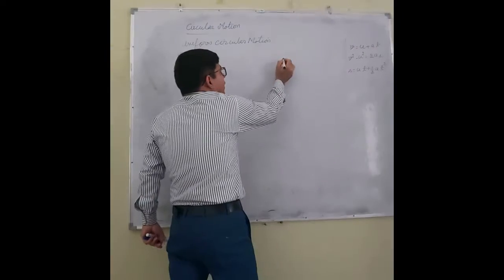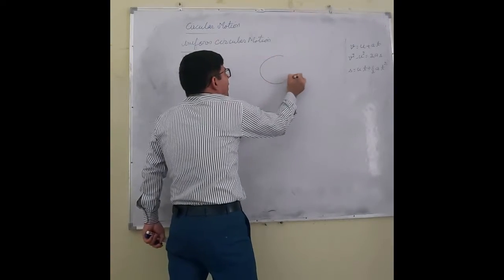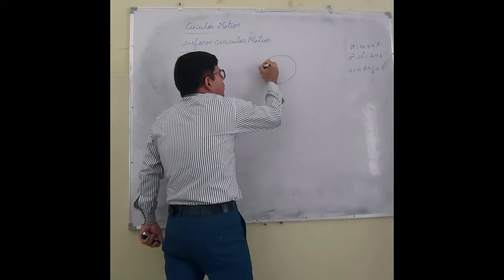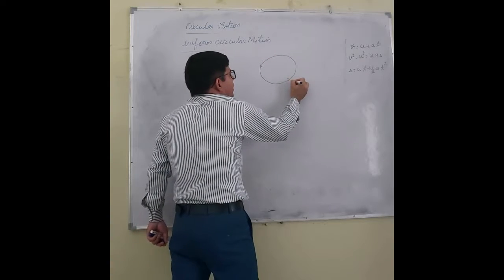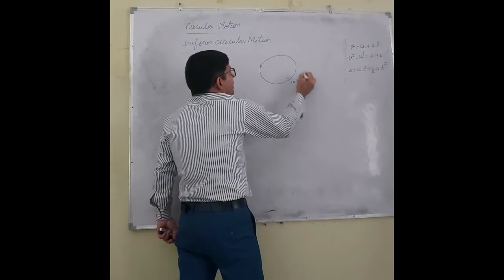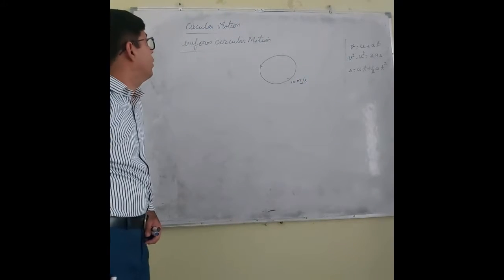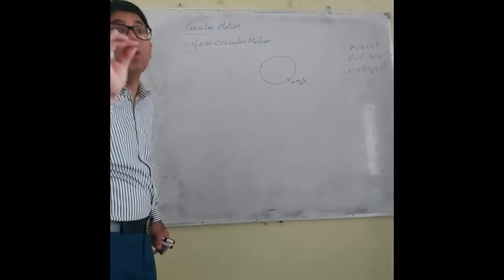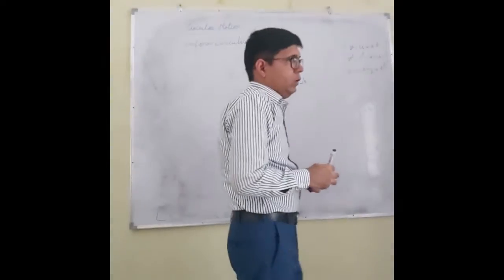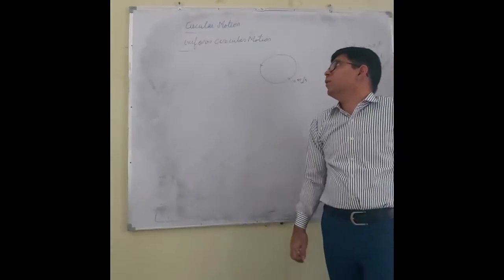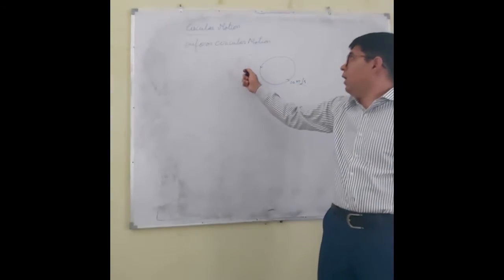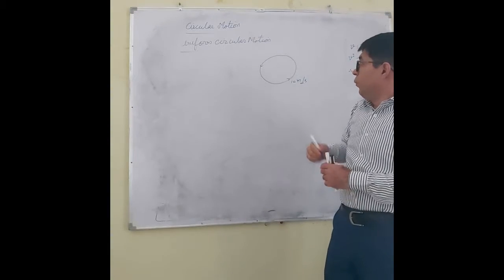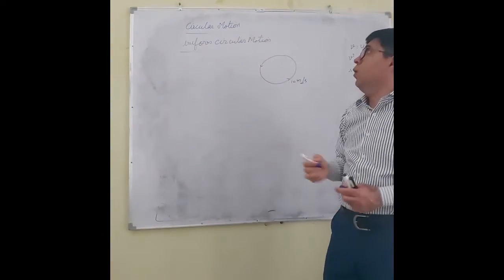If I say a body is moving along a circle, let us say with a speed of 10 meters per second, this motion is uniform circular motion. Please note down: the motion of a body along a circle with the same speed is called uniform circular motion.